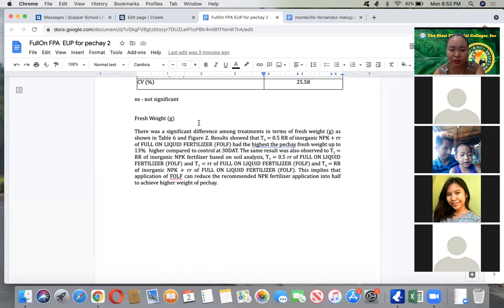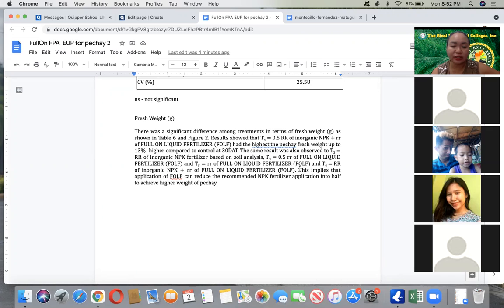So sa fresh weight, you will say it's shown in table 6 and figure 2. And the result shows that the highest pechay fresh weight, which is 13% higher than the control, is the T4 and T4 lang. And it's also the same with T2, T3, and T5. And then you will say that, of course, then the control, so lowest na yon.